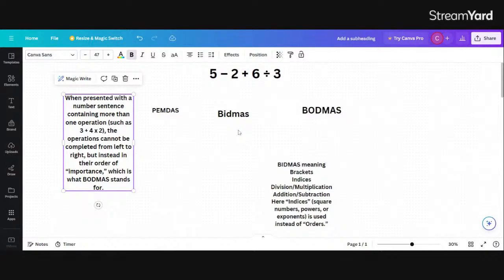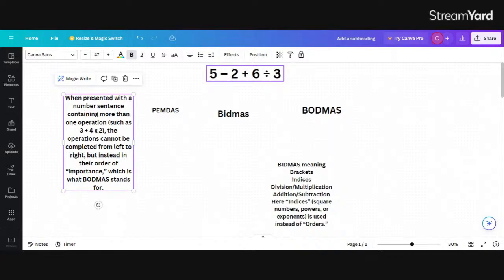Whenever you are confronted with a problem that has more than one operation, as in our case, we have minus, plus, and division.